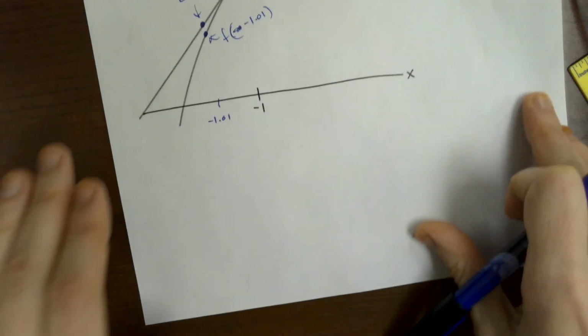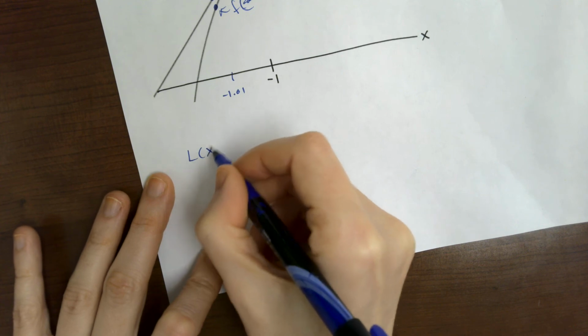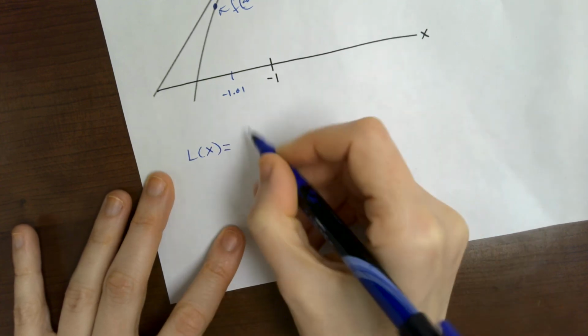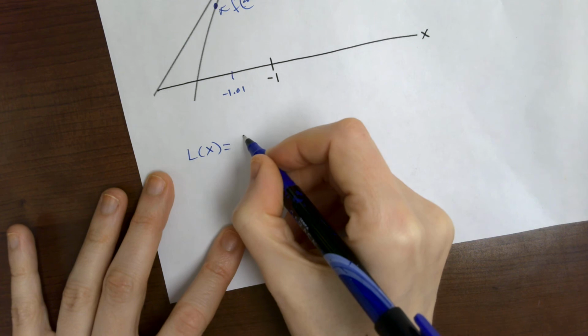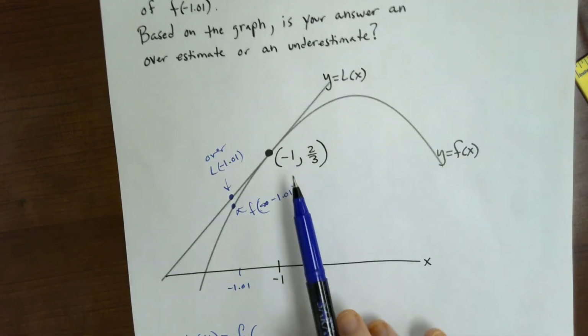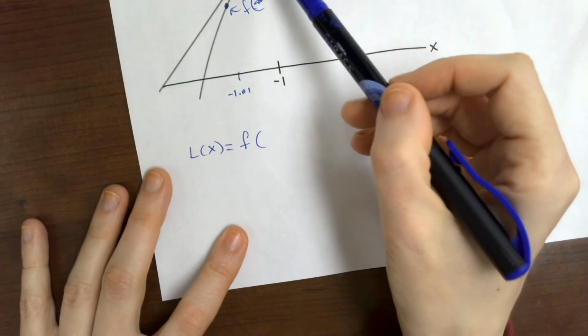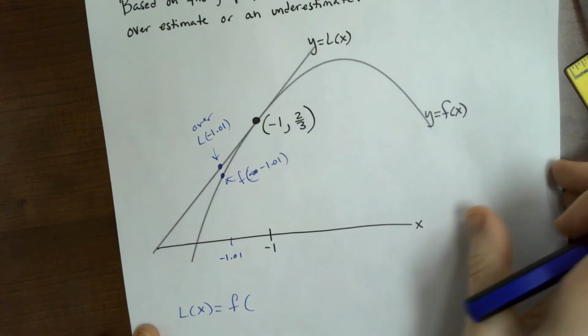Okay, now I'll write down the formula. So L of x is going to be equal to f of negative 1. The x value that you're using is whatever x value there is for the point of tangency.